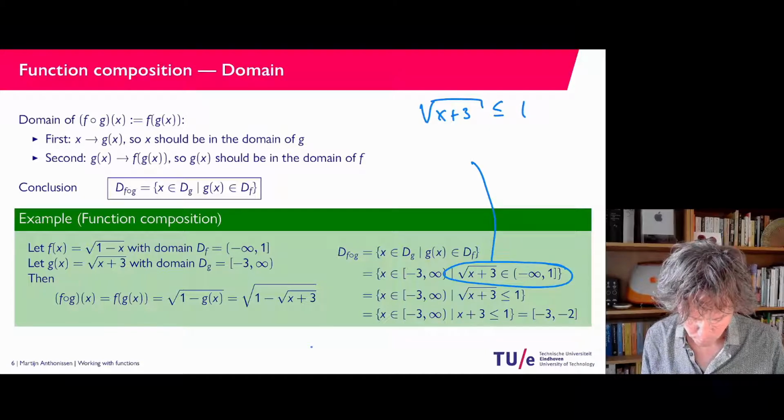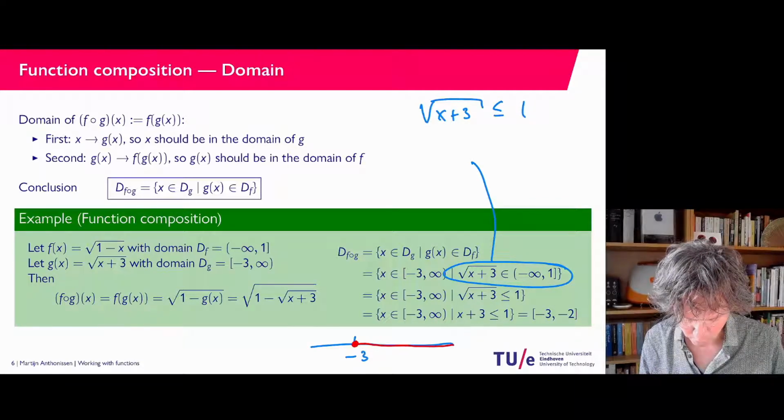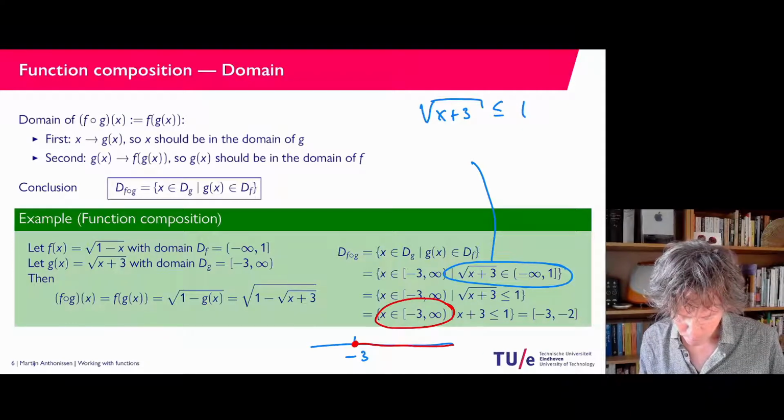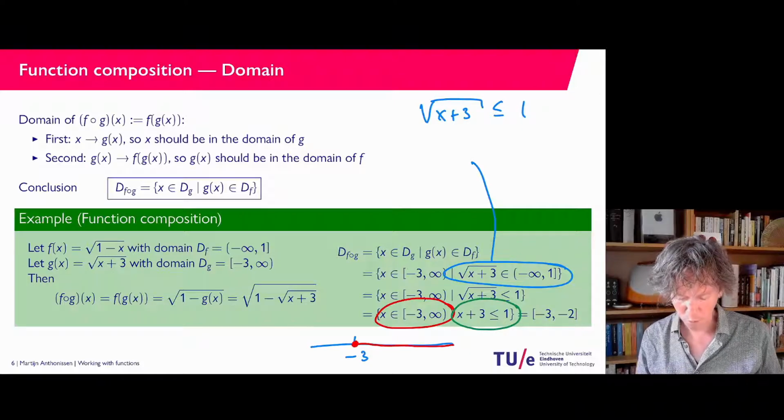So minus 3 to infinity. So to the right of that, that's this collection. And let's pick green here. We have that x plus 3 should be less or equal 1.